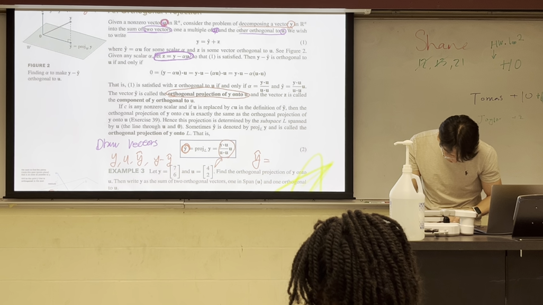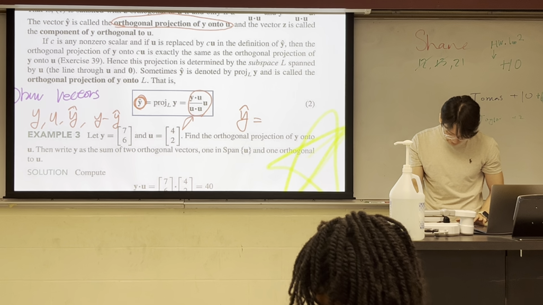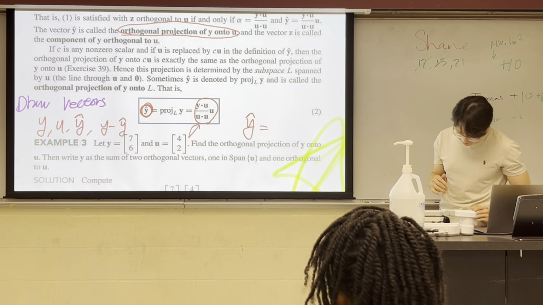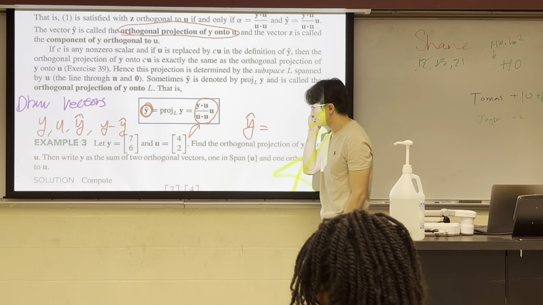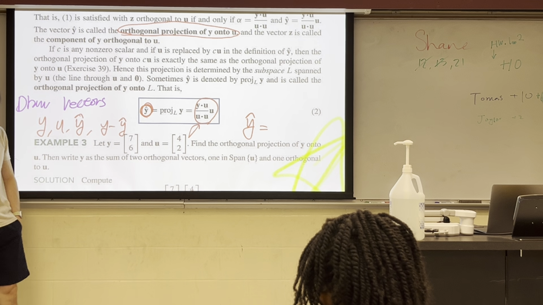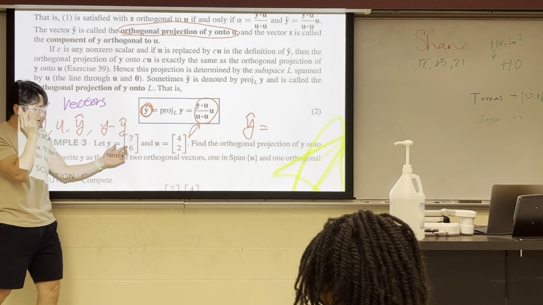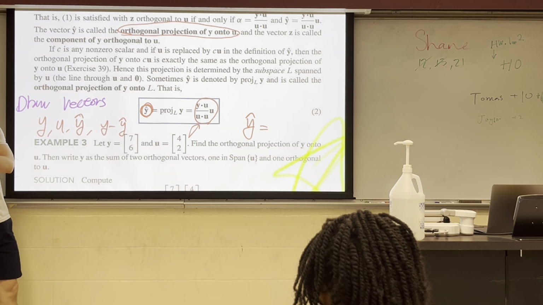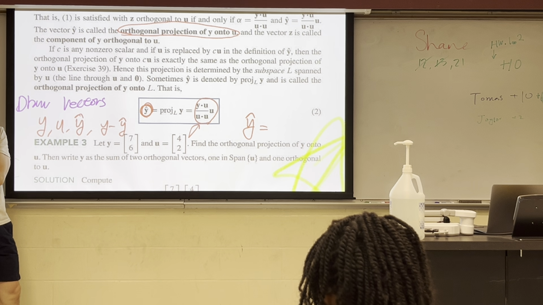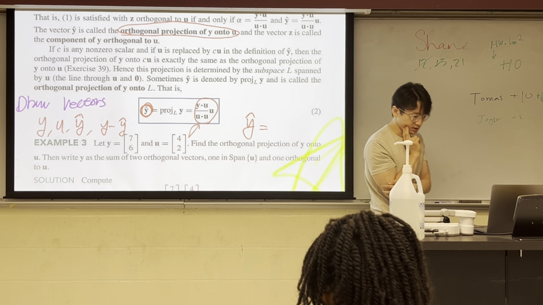Let's try this. You have a 2D space. You got one vector for your basis, for your subspace, and Y is something that I want to estimate or approximate. I want to find Y hat using this formula.